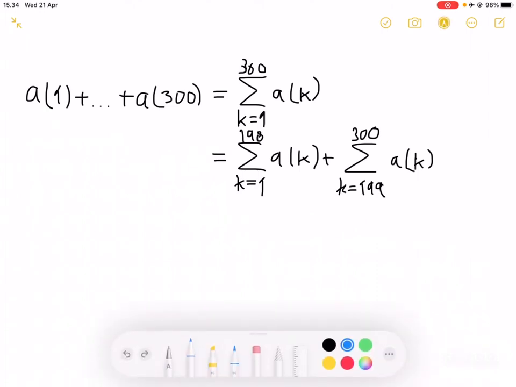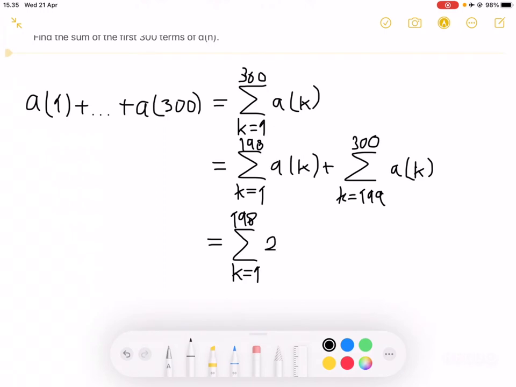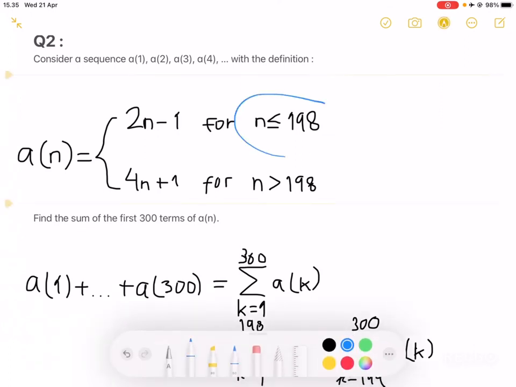And we can just substitute the value of a of k based on its corresponding definition of each domain. So for the first one, it is 2n minus 1, or 2k minus 1 in this case, since it satisfies this domain here.